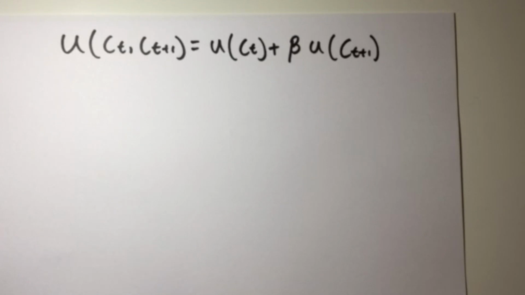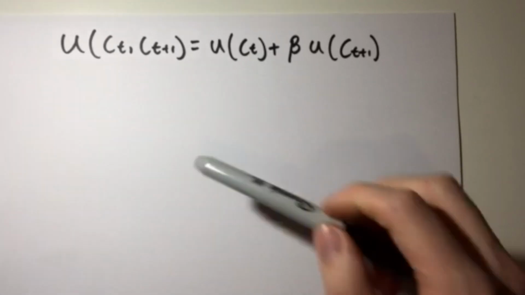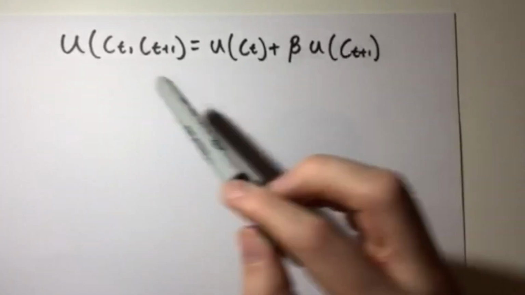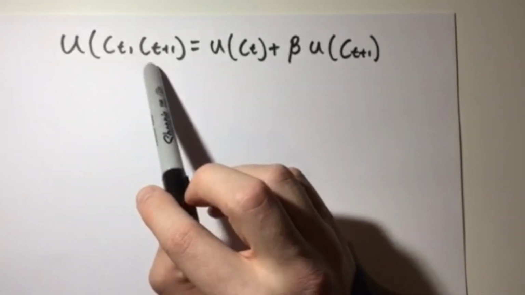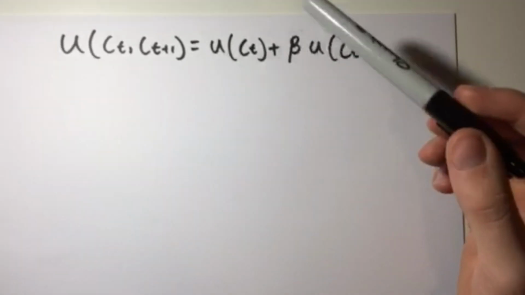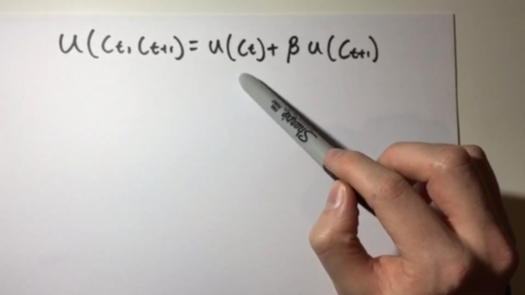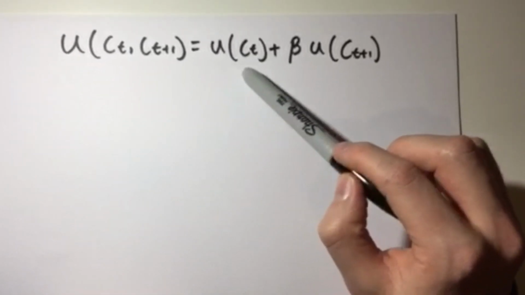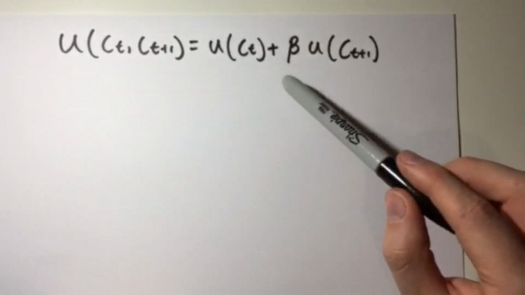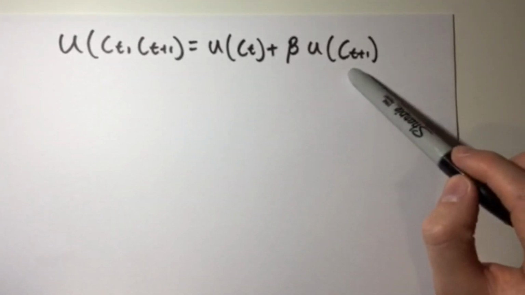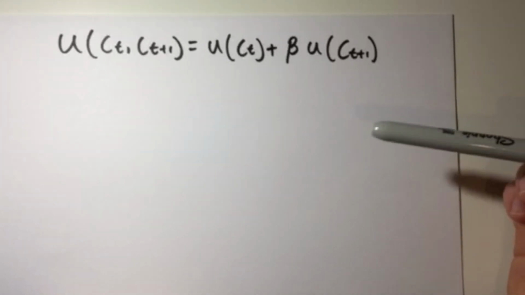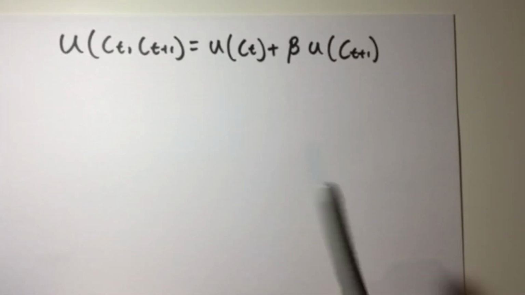So in our two-period model, this is what utility is going to look like. So remember now that consumers consume C in each period. So Ct for the first period and Ct plus 1 for the second period. So they get utility from consumption, and utility is going to be equal to utility of Ct, so utility from consumption in the first period, plus beta times utility of Ct plus 1, so utility in the future.